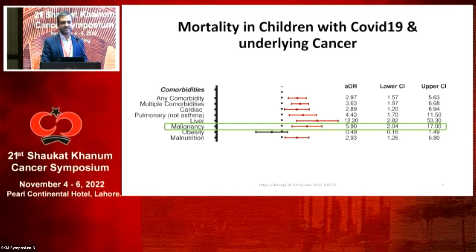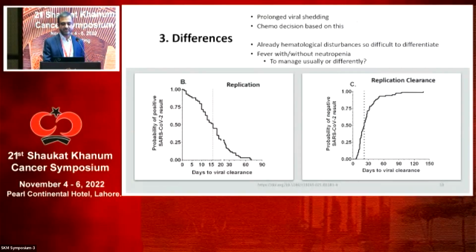This is a study which again came from South America and some North America, a mix of high-income and low- and middle-income countries, and it showed that children with underlying cancer and COVID disease were, with an adjusted odds ratio, 5 times more likely to die as compared to other comorbidities. So yes, children with cancer are at increased risk of developing severe COVID, as well as at risk of dying from it.